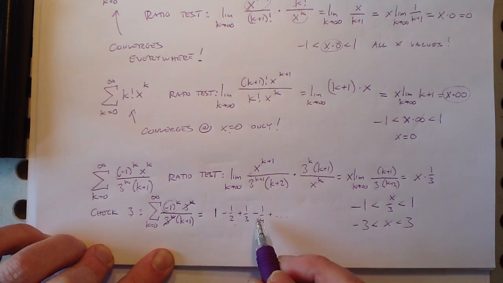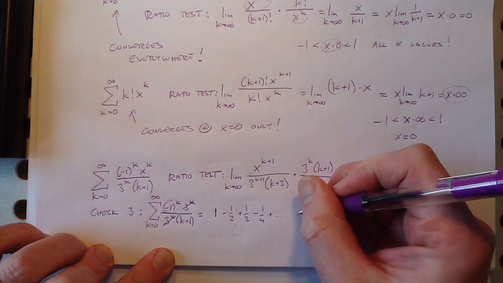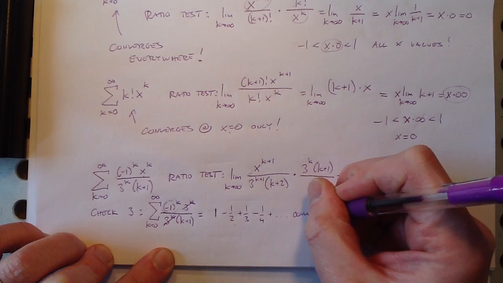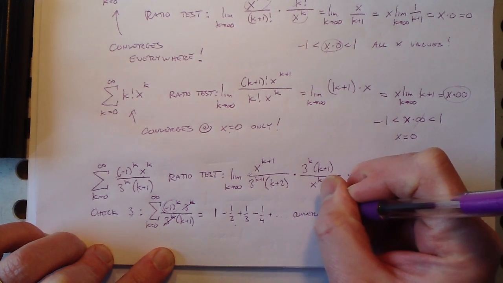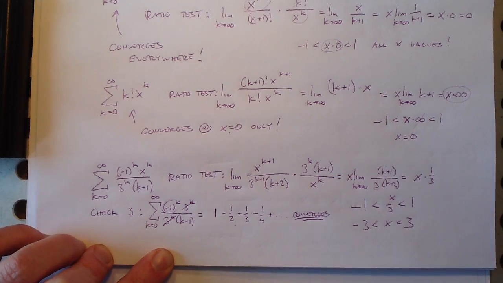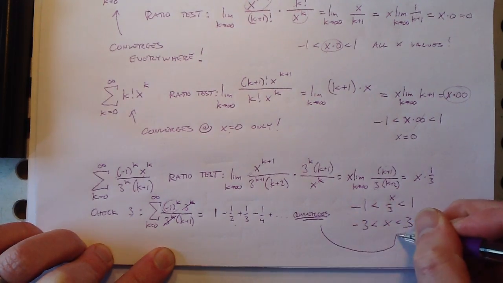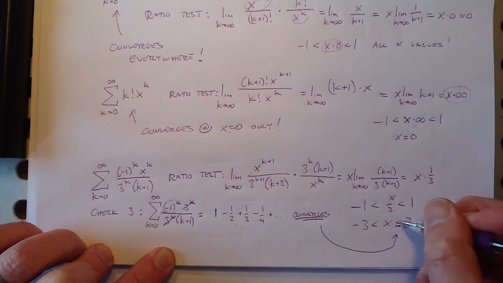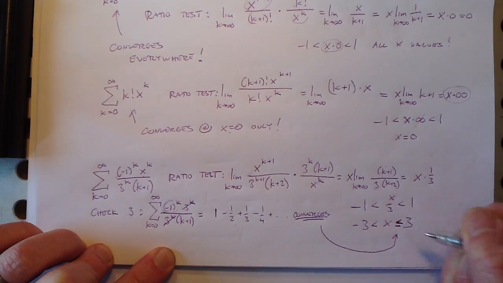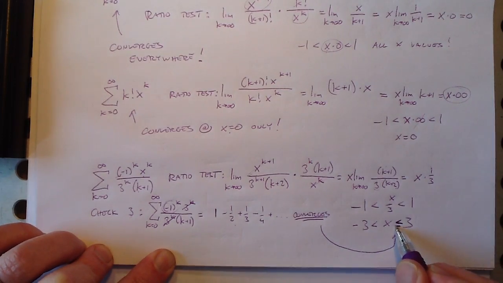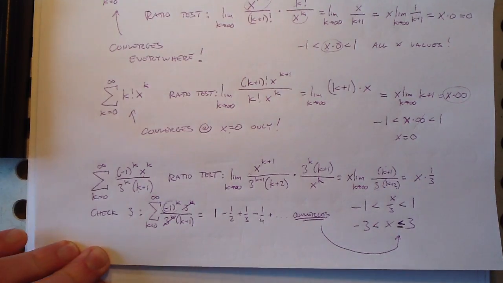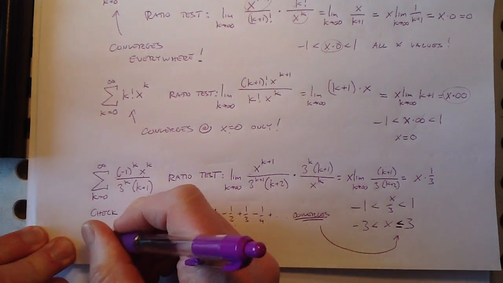But it's alternating and the terms are going to 0. So this converges. So what does that mean here? That means that it converges at 3. We check that endpoint, so we have to put an equal sign there. It does converge at the 3. Now let's check -3.